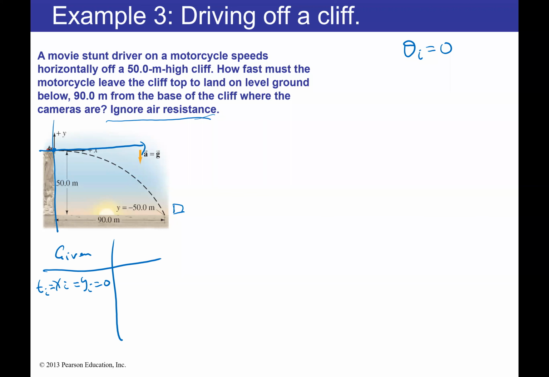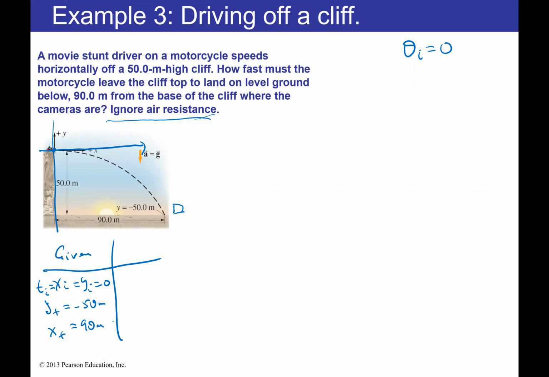Then I have the ground 50 meters with respect to the starting point. But because it's below my origin, Y final here is negative 50 meters. X final is to the right of my origin, so that's 90 meters.